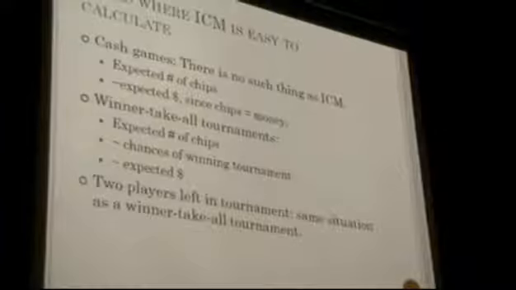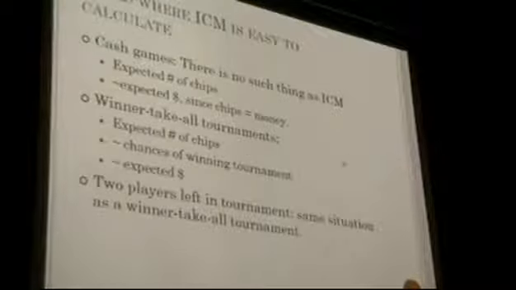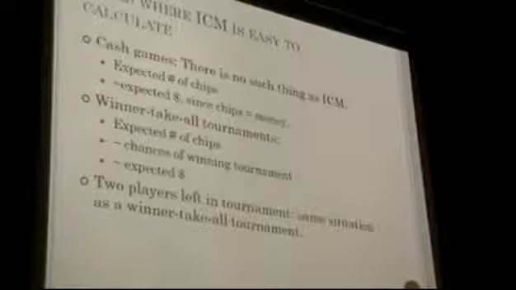And you only get paid for getting first. And like, if there's only 2 players left in a tournament, it's the same situation as a winner-take-all tournament. Because you can just assume you're both guaranteed the minimum payout, and there's a bonus for the winner. So in these situations, you should be riskier than in the tournaments that you've been playing online.